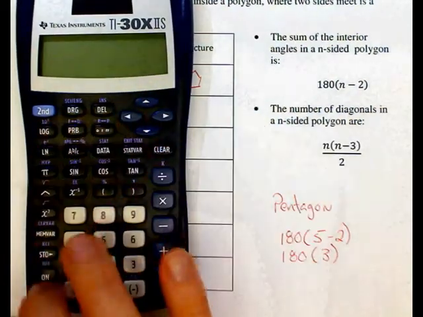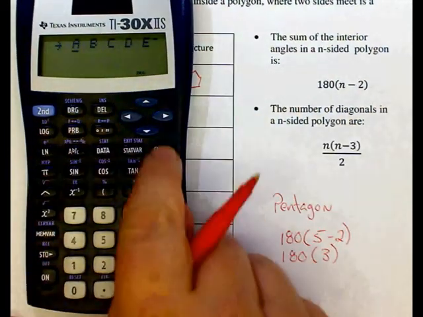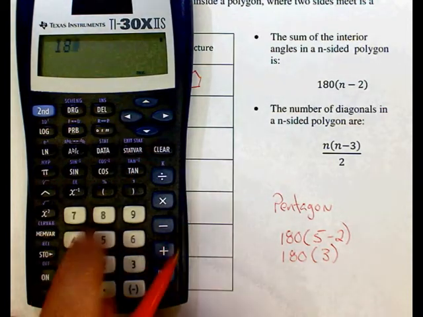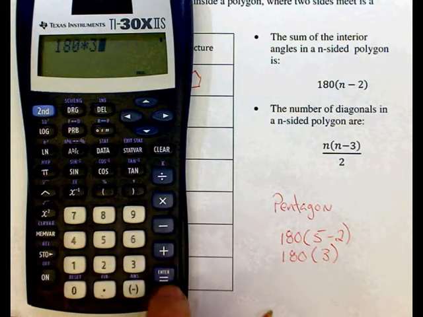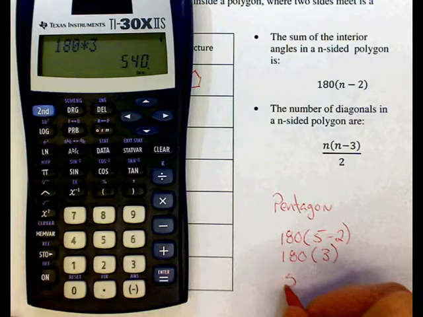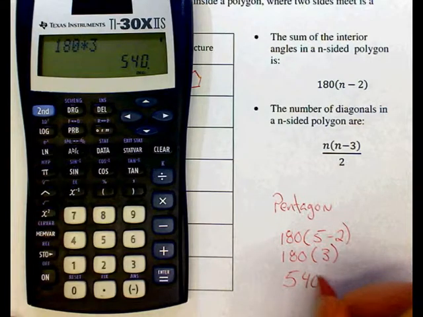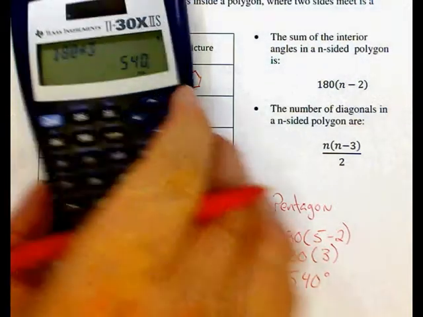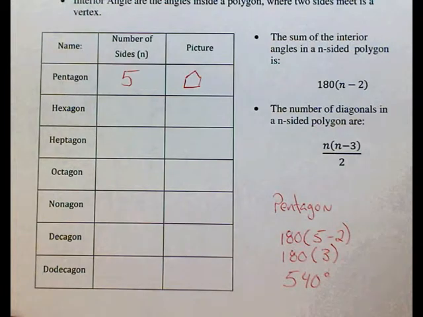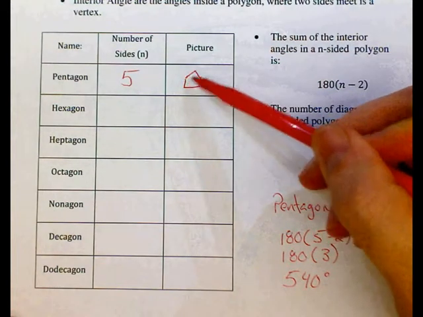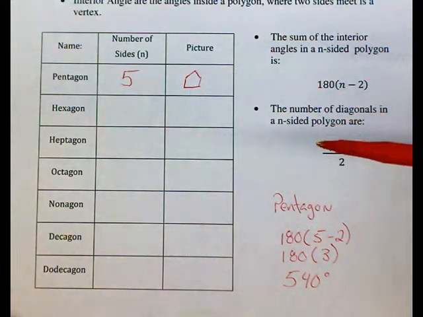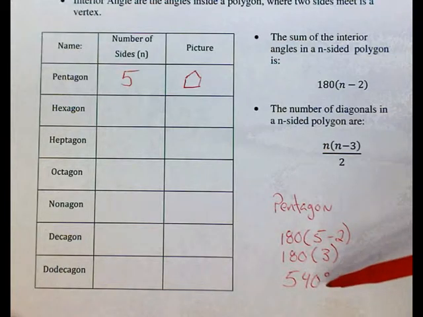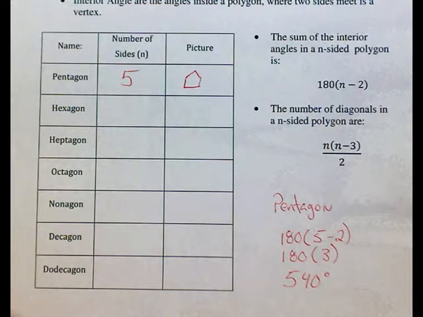Turn it on. Clear it. We can have 180 times 3 to get 540 degrees. So if we took a pentagon and we added up all of our angles, they should add up to 540.